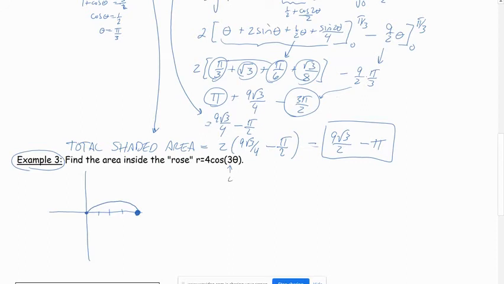and we need to figure out what angle brings us back to the pole again. So we want to know, when is 4 cosine of 3 theta going to equal 0? And cosine is equal to 0 whenever the angle inside is equal to pi over 2 for the first time. So when is 3 theta equal to pi over 2? That's when theta is pi over 6.